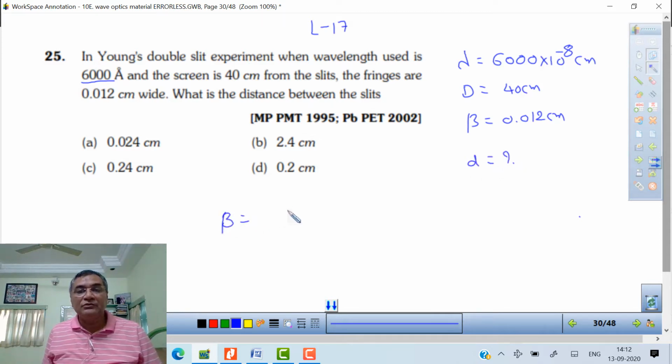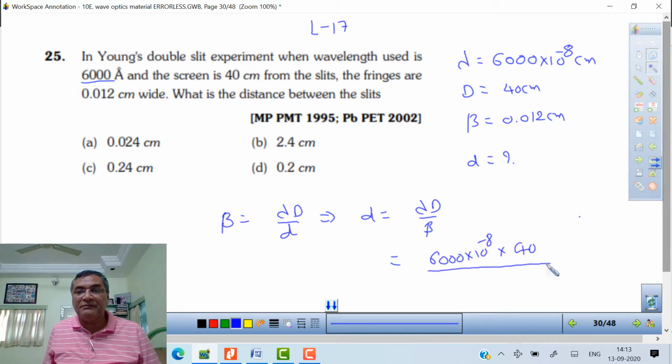Beta is equal to lambda capital D upon small d, which implies that small d is equal to lambda D upon beta. So lambda is 6000 into 10 raised to minus 8, capital D is 40, divided by beta, 0.012. Okay, so the zeros cancel and it becomes 5, then minus 4, then plus 3.